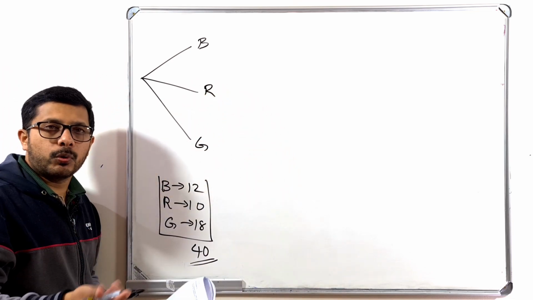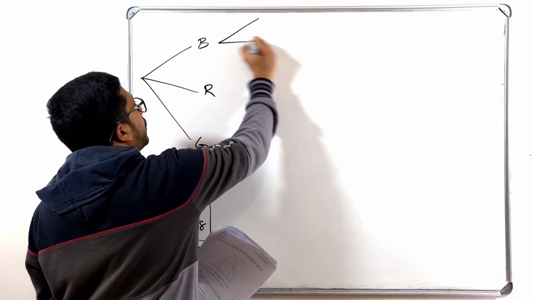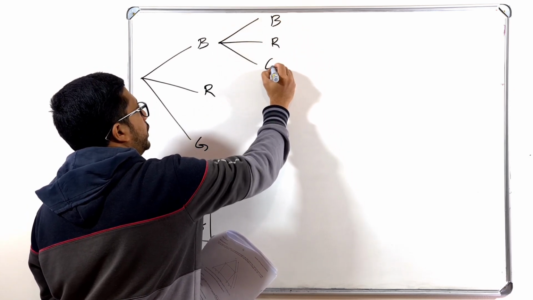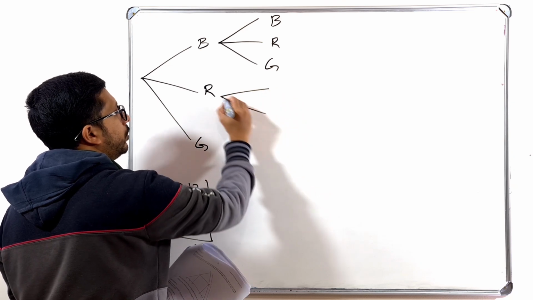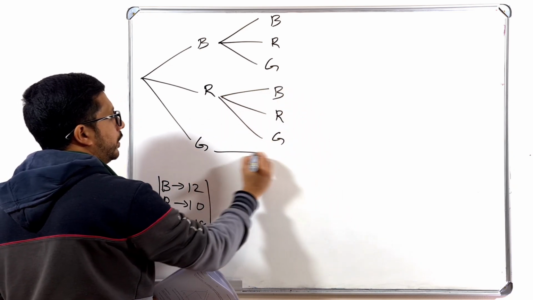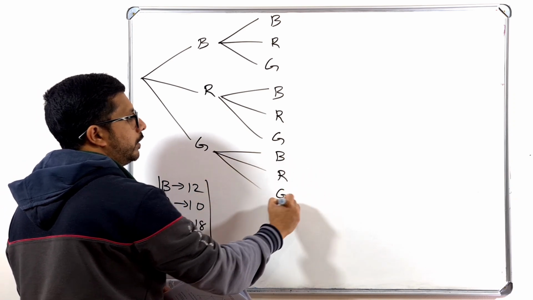How many times is the ball going to be taken? 2 times. So the second time also blue, red, green.